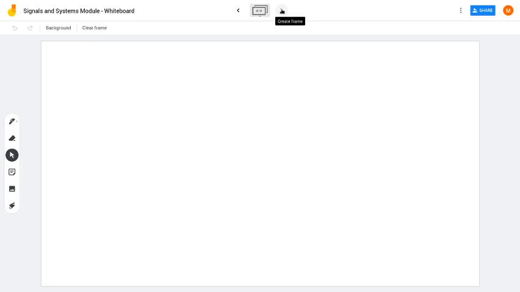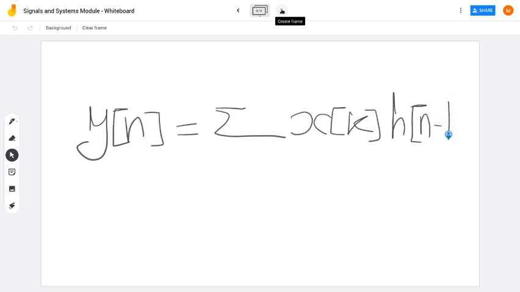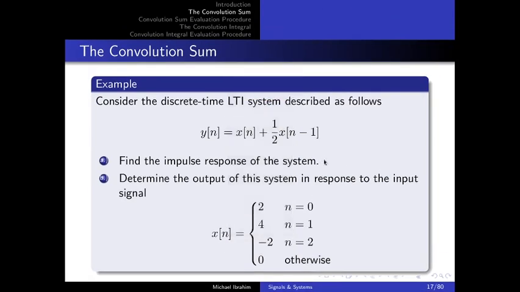So using the convolution sum, y of n is equal to summation of x of k times h of n minus k, for k going from minus infinity to plus infinity. But in our case here, the signal x of n is only extending from 0 up to 2.